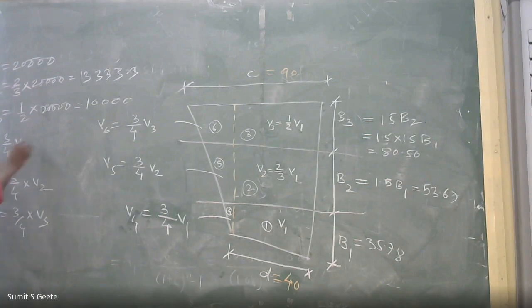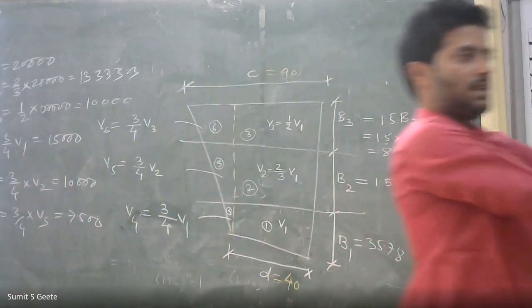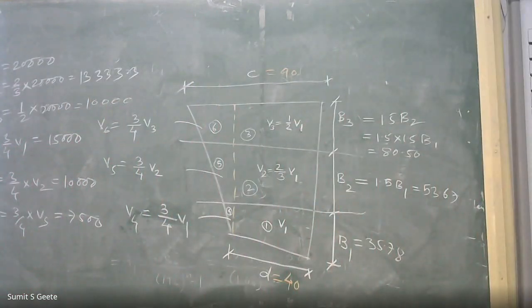This one is 15,000, 10,000, 7,500. Is it okay? समझ गए? The rate calculation is easy. Just have some kind of correlation.